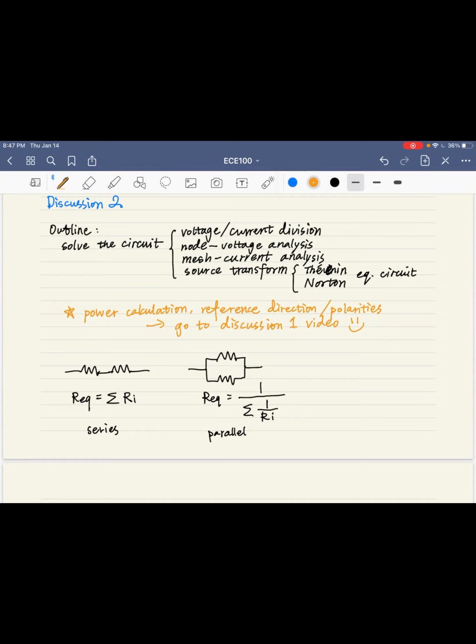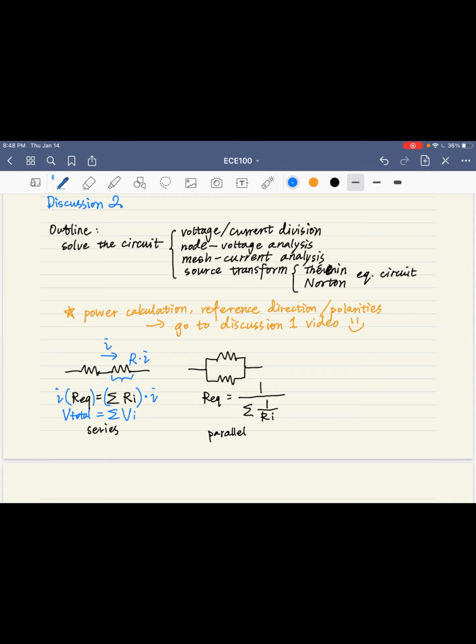For the series circuit, when we multiply both sides by the variable I, because they share the same current, right? When we multiply I on both sides, we get the total voltage as the sum of the voltage across every resistance element. And to find the voltage across a specific element, let's say across the second resistance, the contribution on it will be this specific R times I, right?